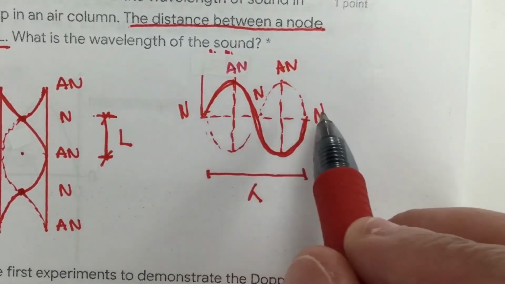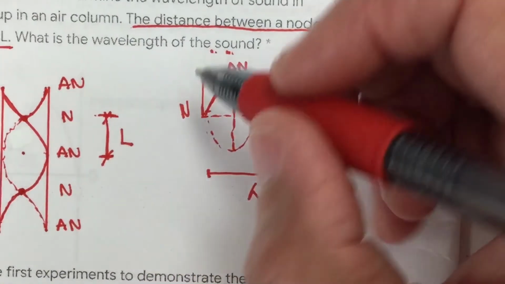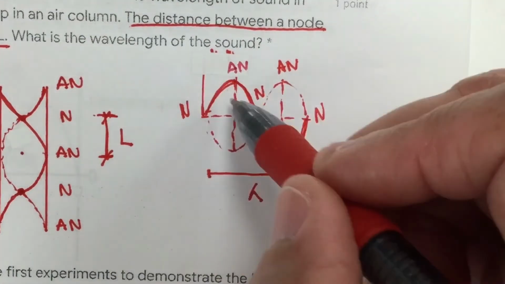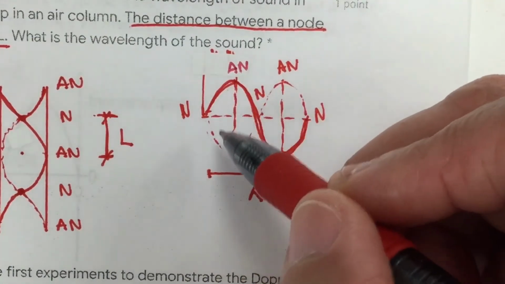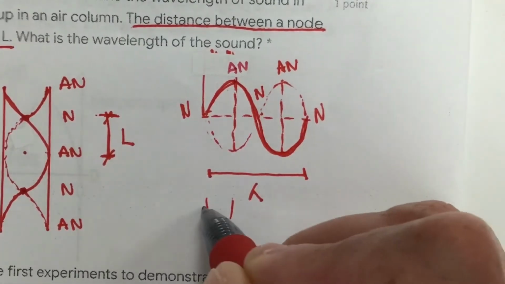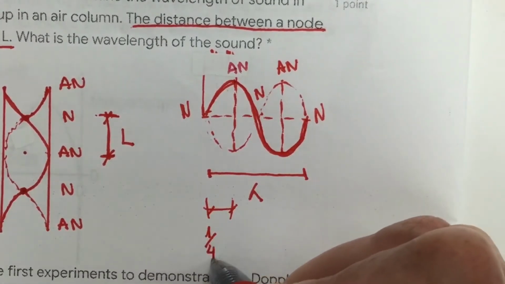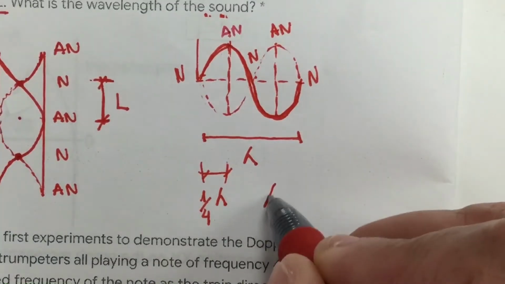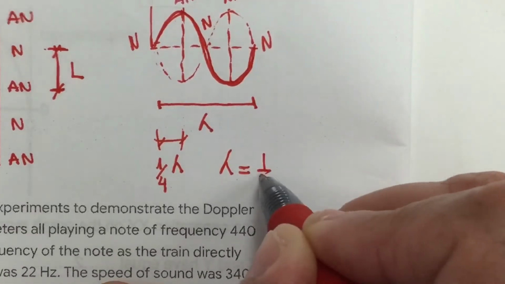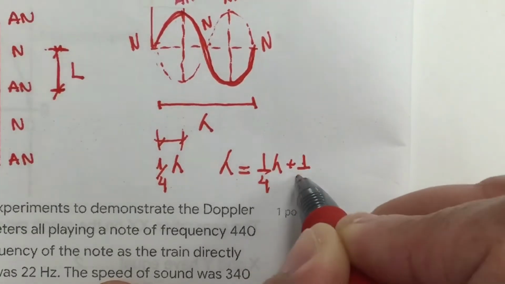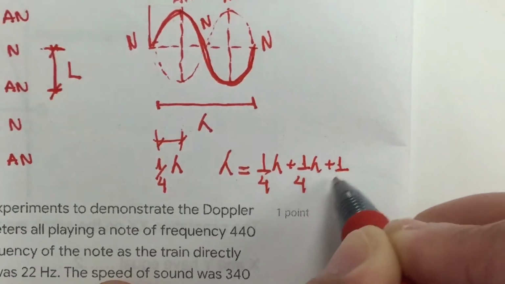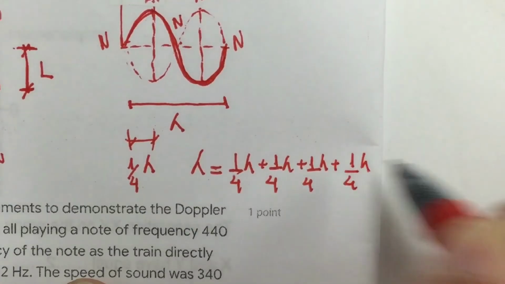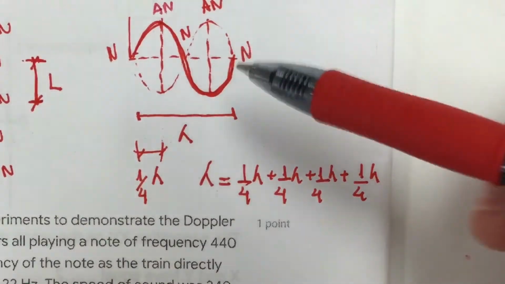So if it is a complete wavelength, this section here, if you divide it in 4 parts, each part corresponds to 1/4 of a wavelength. So one complete wavelength is 1/4 plus 1/4 plus 1/4 plus 1/4. Okay, that gives you a complete wavelength.